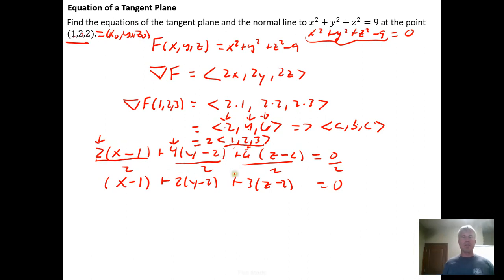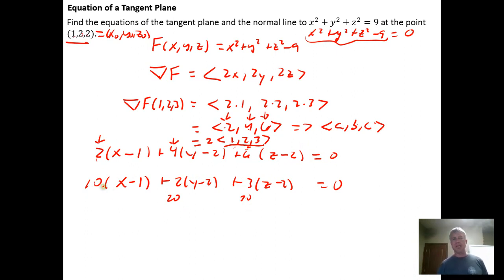The other thing to be aware of when you are looking at an answer key is that there are going to be infinitely many ways to describe a tangent plane. So if I take this and multiply it by any scalar, say I multiply it by 10, I get 10 times 2 is 20, 10 times 3 is 30 equals 0.